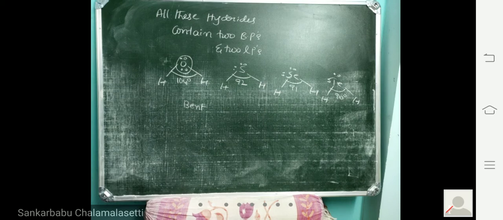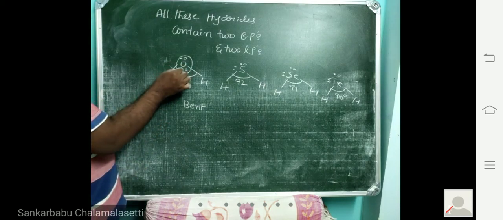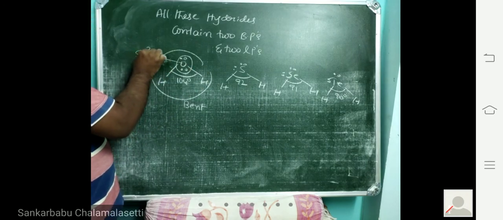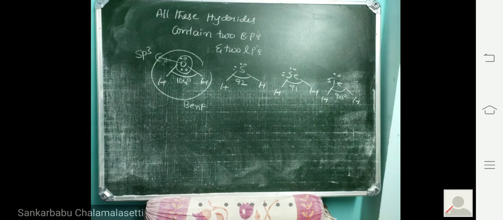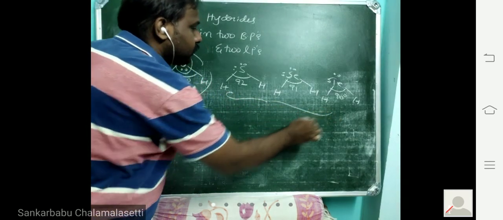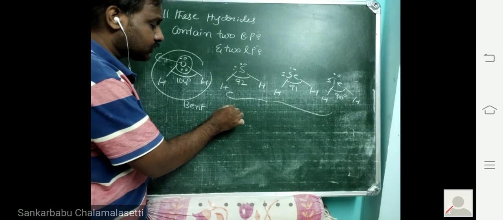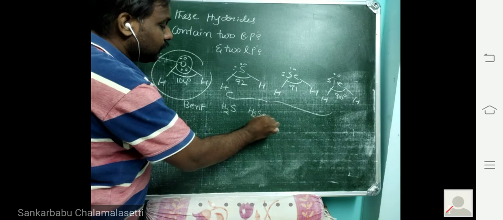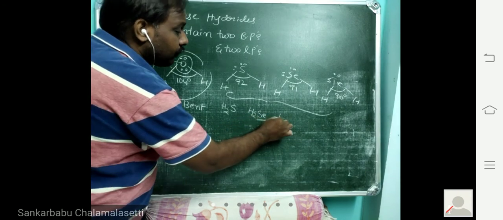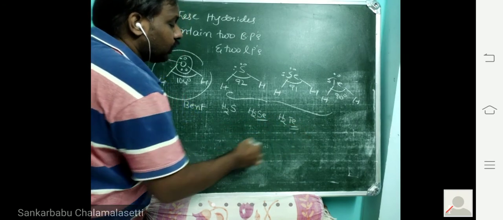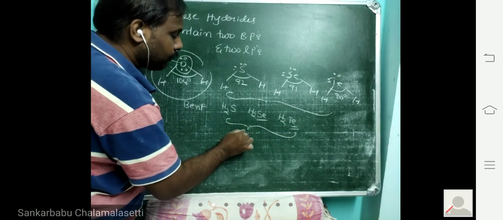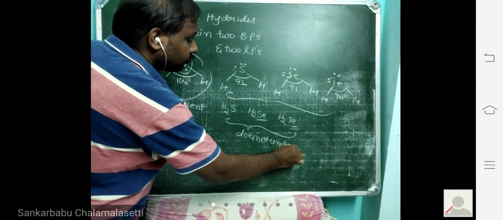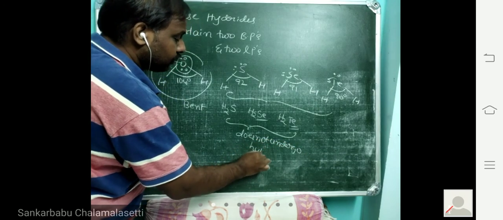The next important point: in H2O, oxygen undergoes sp3 hybridization, whereas in the other hydrides, sulfur in H2S, selenium in H2Se, and tellurium in H2Te, do not undergo hybridization.